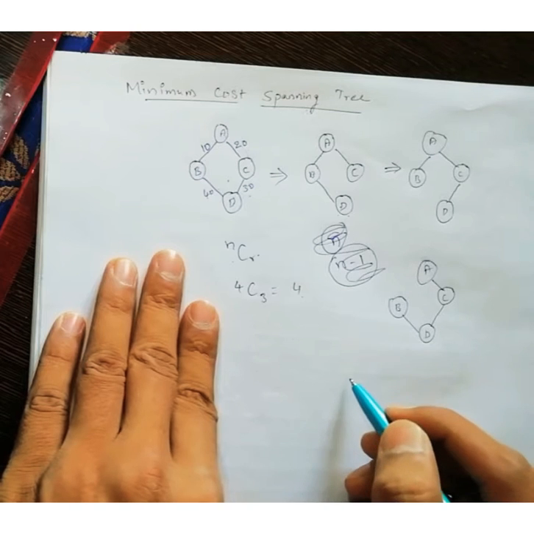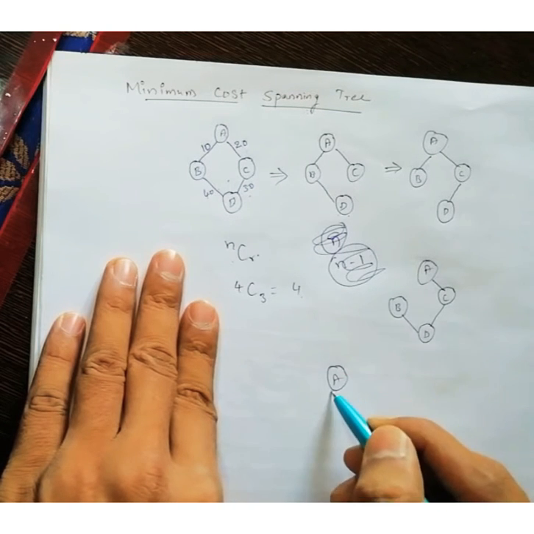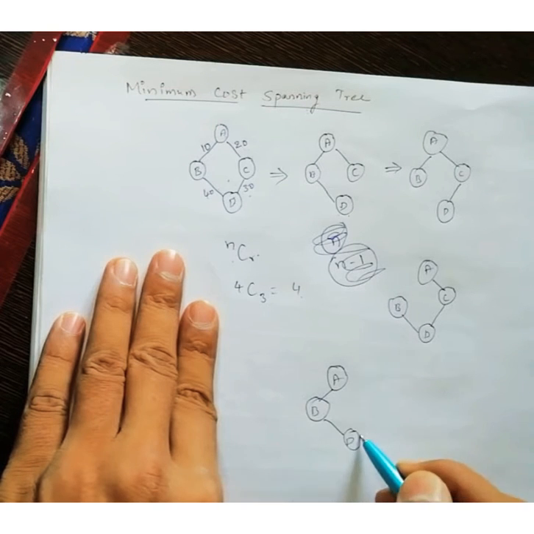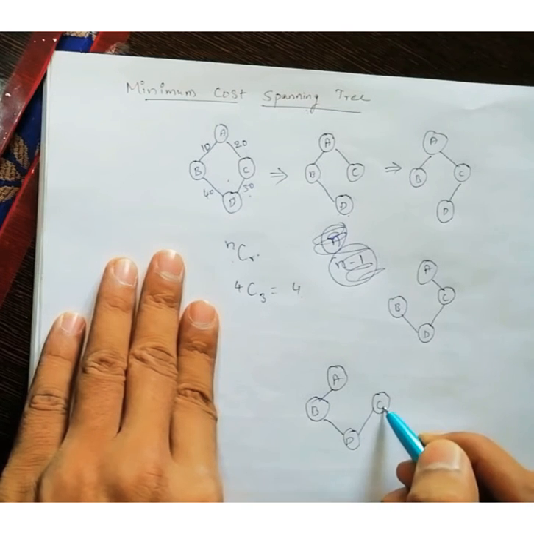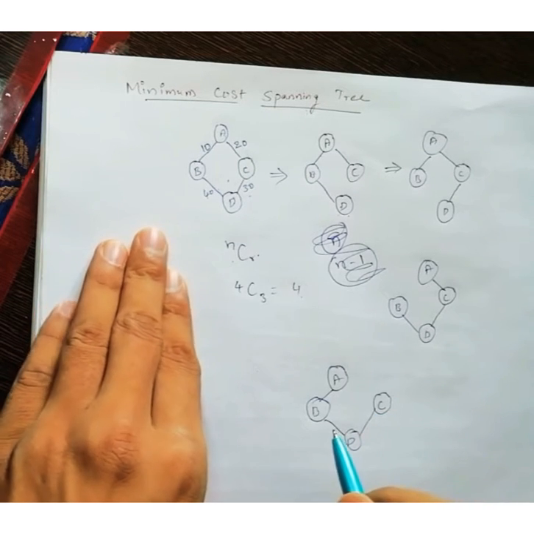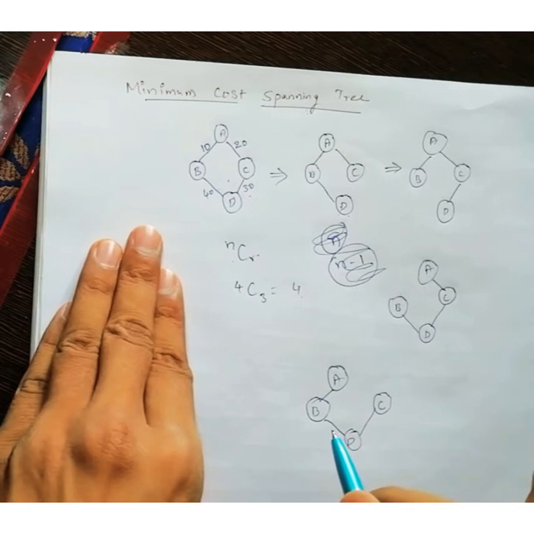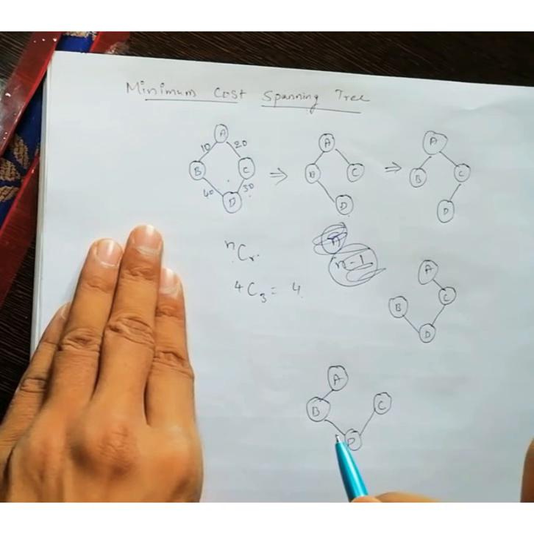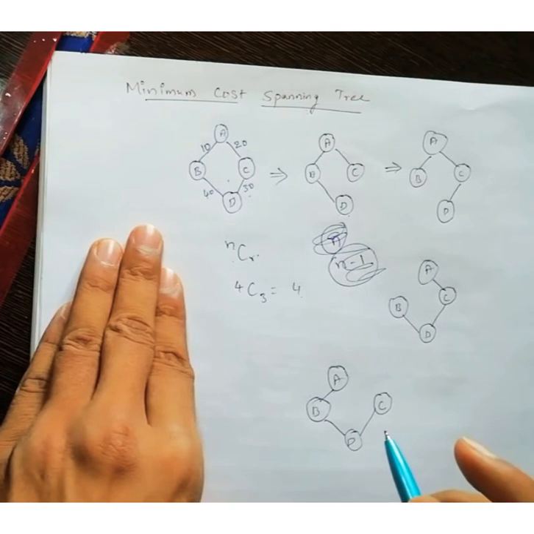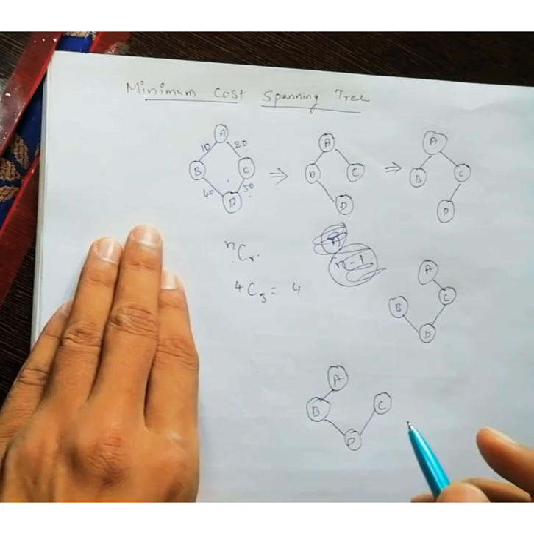And one more spanning tree: A, B, D and C. And keep in mind, the rule is we can form a spanning tree by using a connected graph. That means all vertices should be connected by edges, no disconnections.